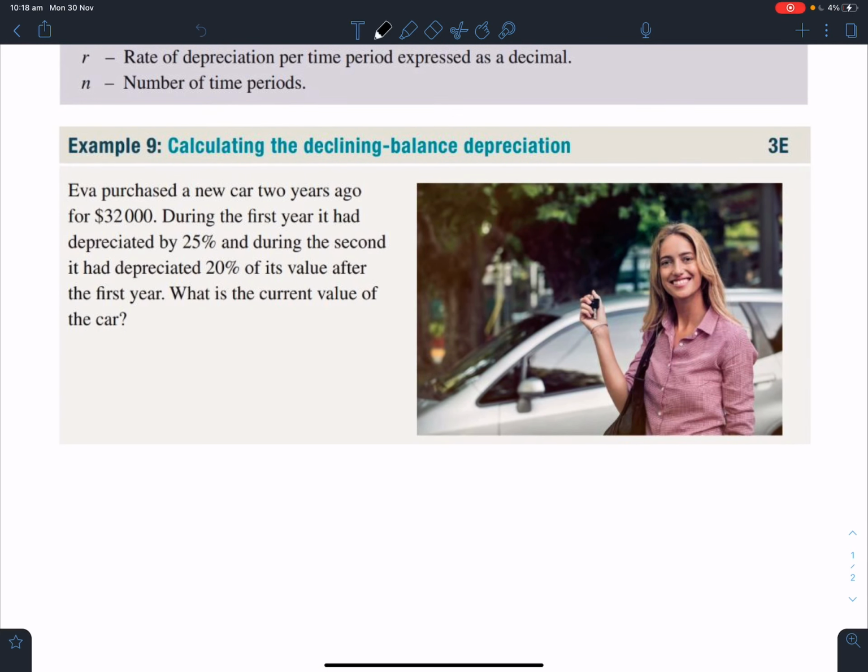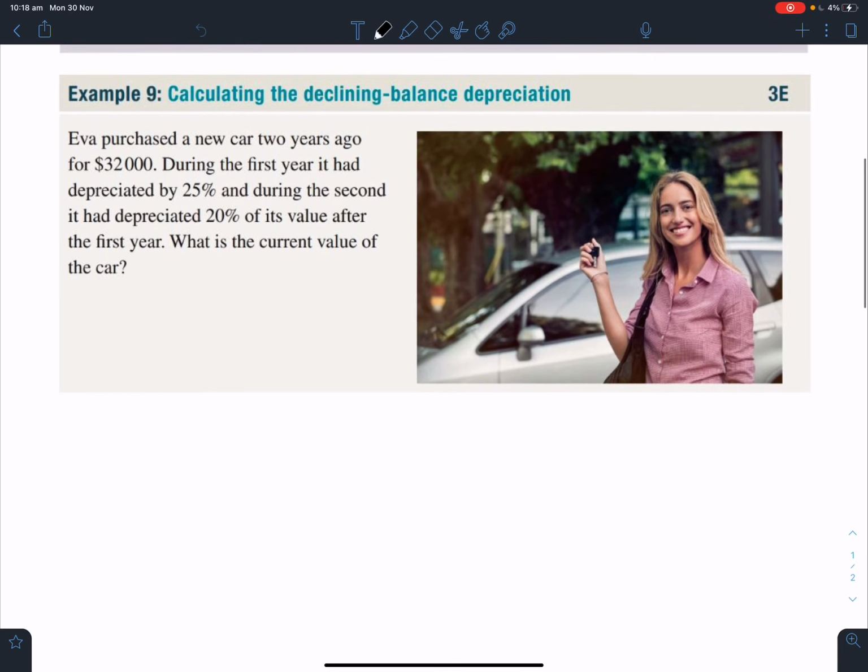The first one says Eva purchased a new car 2 years ago for $32,000. During the first year, it had depreciated by 25%, and during the second year, it depreciated by 20% of its value after the first year. What is the current value of the car? This one is dropping in value at different percentages each time period, so we have to calculate twice.